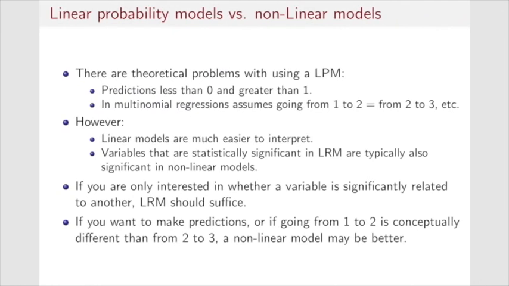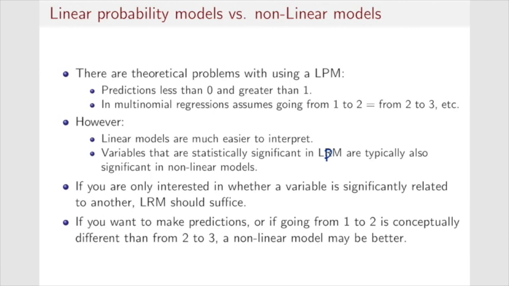It is often not obvious how to decide which model to use in practice. The linear probability model has the clear drawback of not being able to capture the nonlinear nature of the population regression function, and it may predict probabilities to lie outside the interval of 0 and 1. However, linear models are much easier to interpret because the coefficient beta 1 captures the fixed marginal effect.